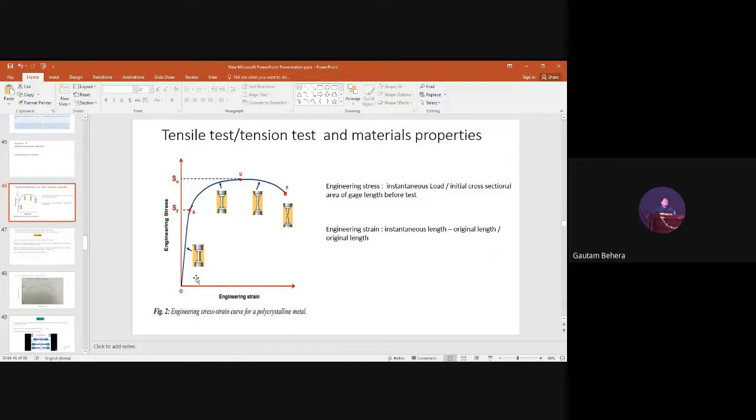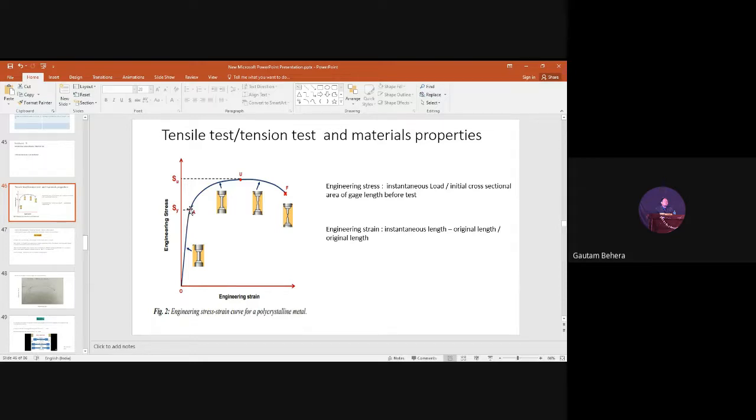Anyways, what happens initially when we apply uniaxial stress on this specimen? You can see the stress is rising. Slowly it will reach a point called the elastic limit, that is the proportional limit first, where stress is directly proportional to strain. Again, it will rise, and it will reach a point.